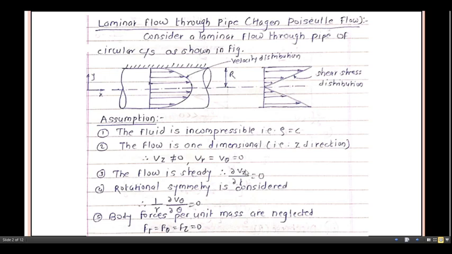The flow is steady, that is, dabba Vz by dabba t equals 0. Rotational symmetry is considered, that is, 1 upon r into dabba V theta by dabba theta equals 0. Body forces per unit mass are neglected, that is, Fr equals F theta equals Fz equals 0.